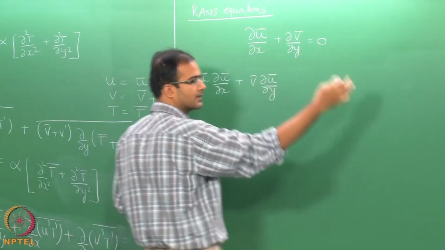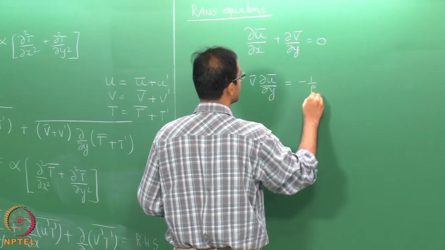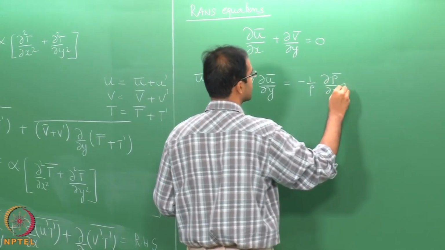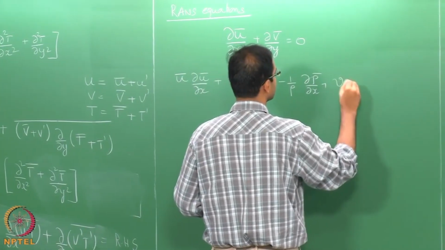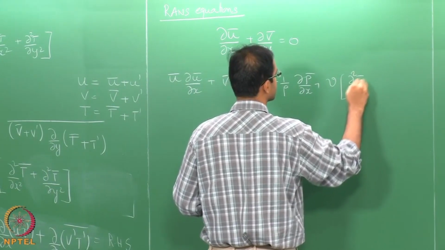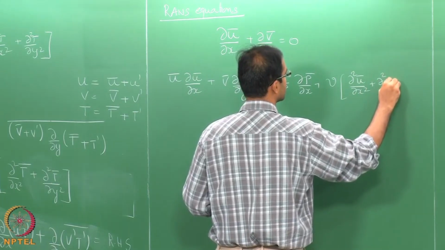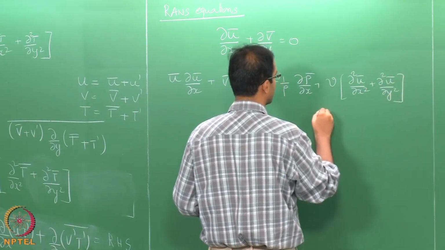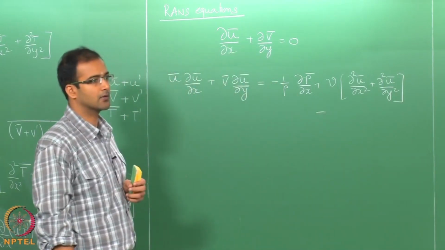I am going to take the turbulent stresses towards the right. I have minus 1/rho dp bar/dx plus nu into d². Let me first write this and then I will combine it. Now, I have additional terms minus, what do I have?